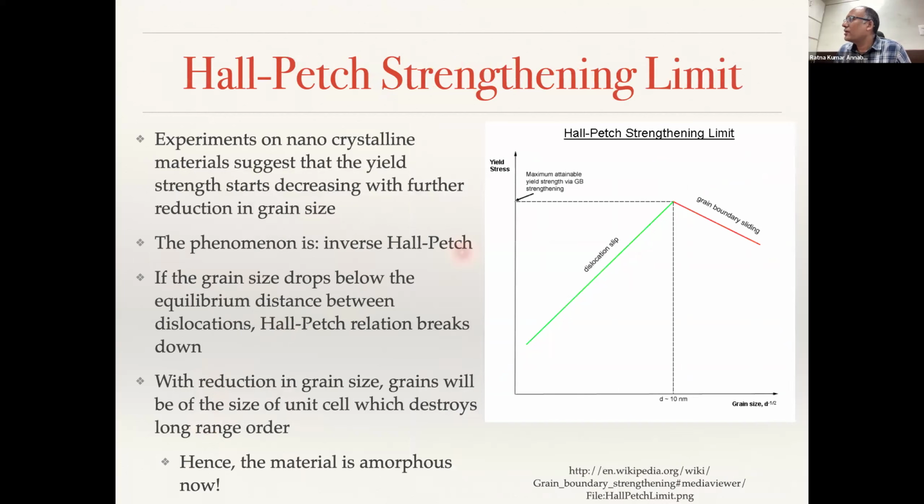Here, 1 by root d, as you are going from left to right, you can see the grain size is reducing, and you see that yield strength is increasing.